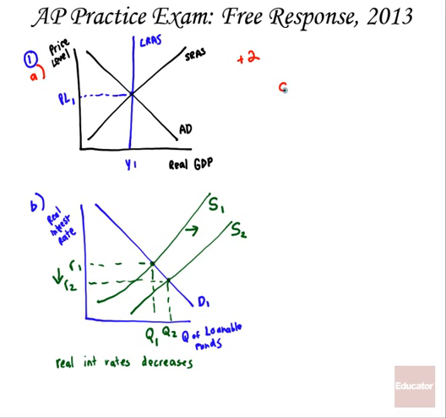Part C deals with, based on the real interest rate identified below, so you know that the real interest rate decreased here. What's going to happen to interest-sensitive expenditures? Well, Y equals C plus I plus G plus NX.